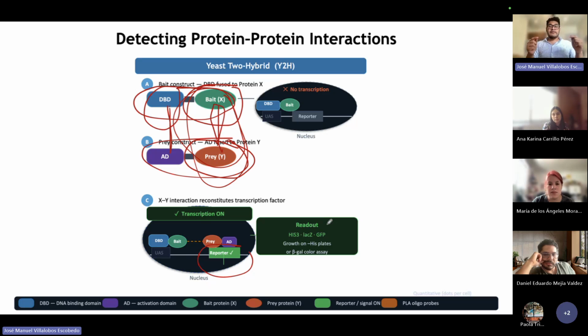So at the end, you finish like a matrix where you can say, okay, this protein is interacting with this one. Yes, it's a 1. This protein is interacting with another one? No, 0. And you can start to build this big matrix with all of the information about the interaction.